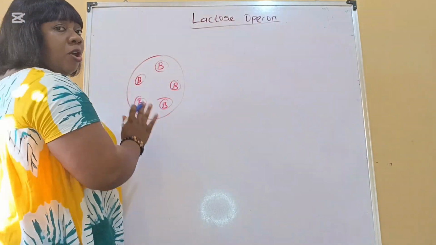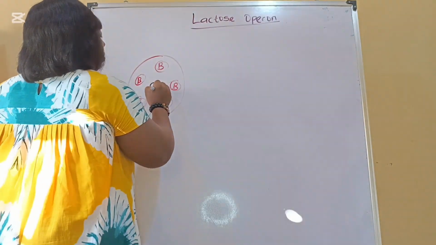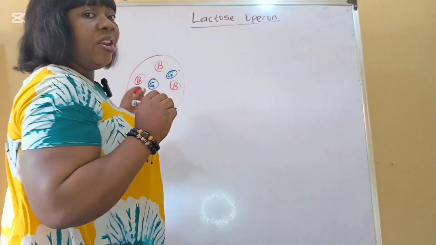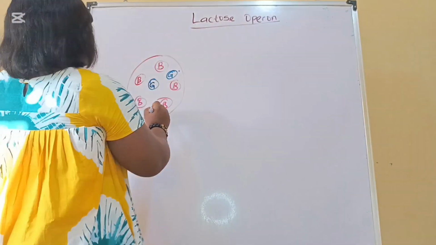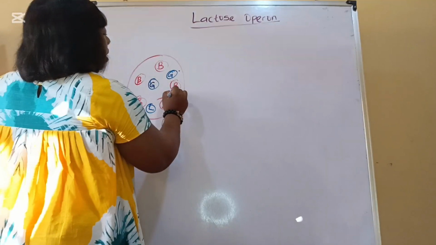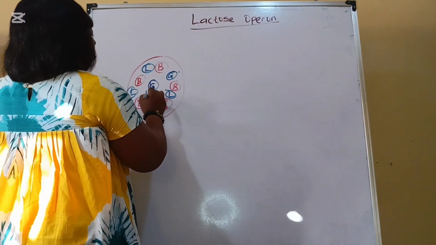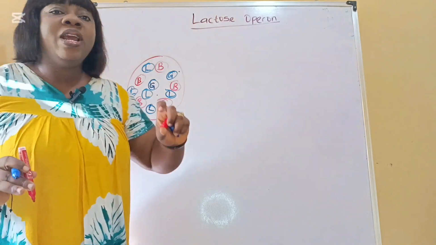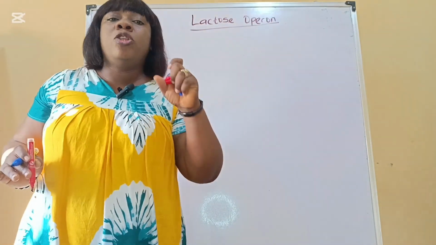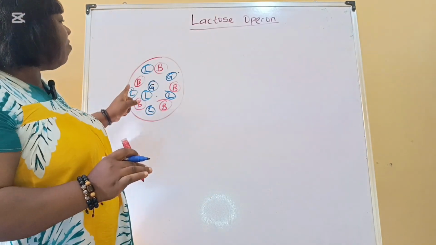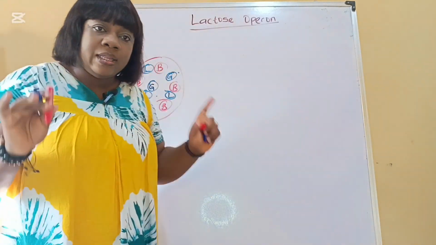Inside the medium, we have glucose. Also inside the medium, we have lactose. Although there is glucose, we have little availability of glucose, while we have lactose in abundance.